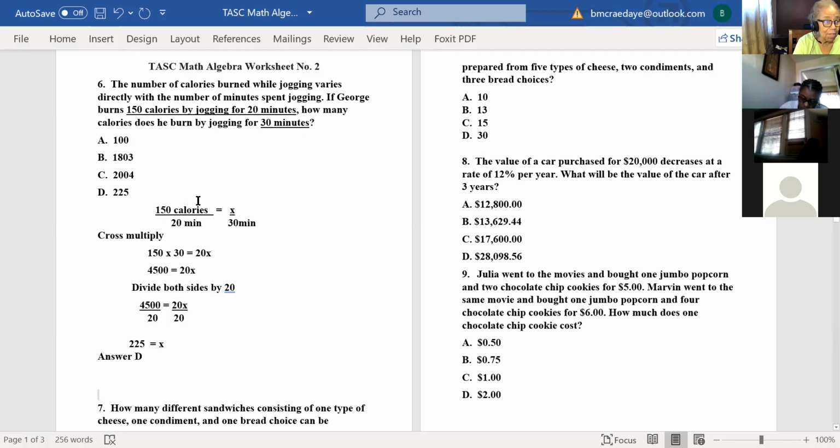Important thing, keep them in order: calories over minutes, calories over minutes, or minutes over minutes, calories over calories, but they have to match. If you put the 30 minutes here, that's going to be the x. Then you'd have the rest of it set up correctly. That's the important thing to remember about ratio proportion.